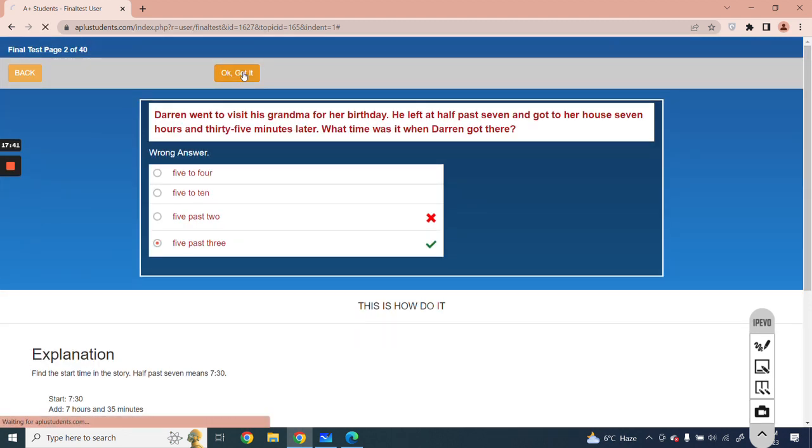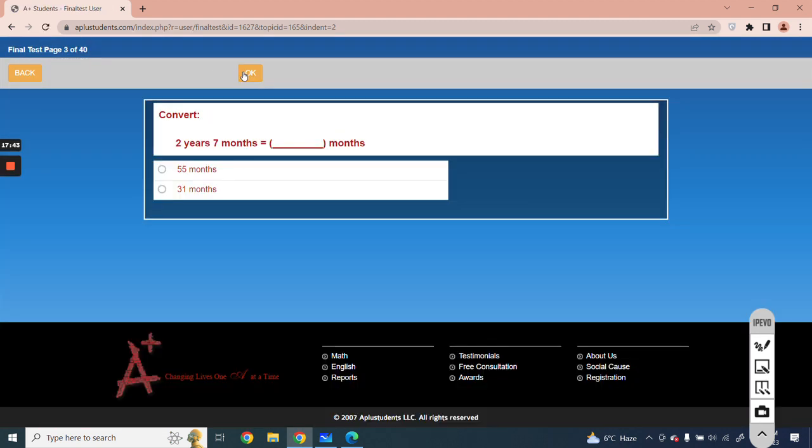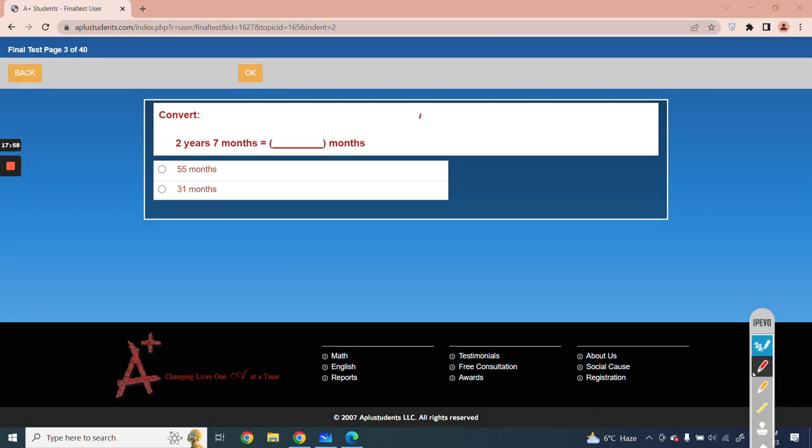Okay, the next one is 2 years 7 months. You have to convert it to months. So we know that in 1 year you have 12 months. So in 2 years you have 2 times 12, that will be 24 months.